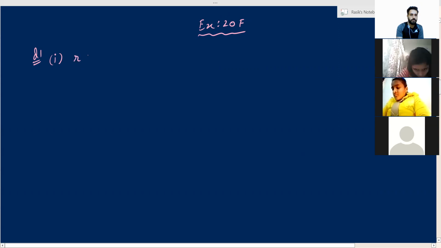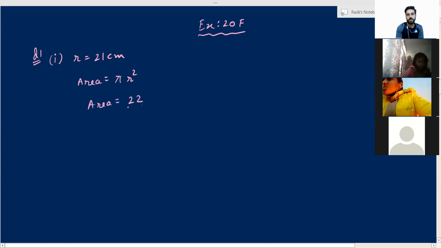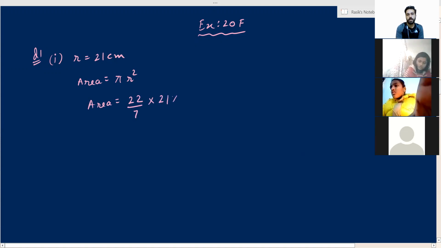In the first part of question 1, the radius is given, 21 centimeters. We have to find the area of the circle. Use the formula of area of a circle, pi r square. In all the questions, you will write the formula. It is compulsory to write the formula. Pi is 22 upon 7. R square means radius multiplied by radius, 21 into 21.